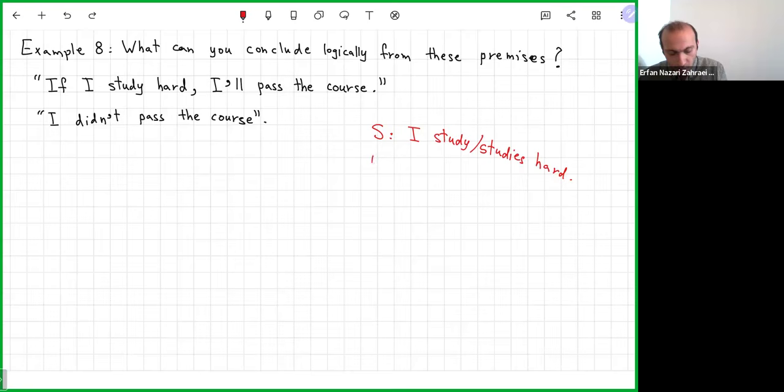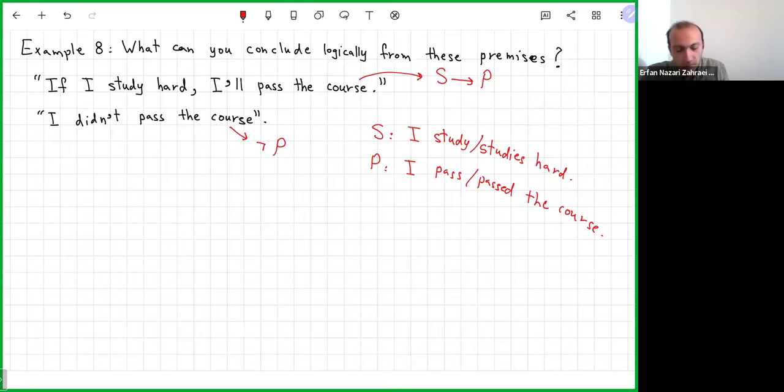And let me also define P for I pass or passed the course. Then writing these in propositional logic, this is saying that if S, then P. And this one says I did not pass the course, not P. So I have these two assumptions or premises.